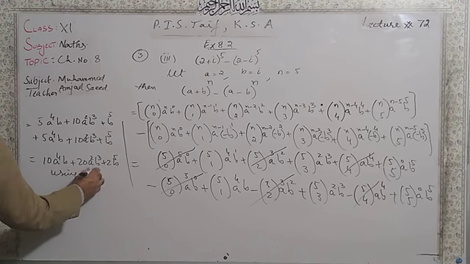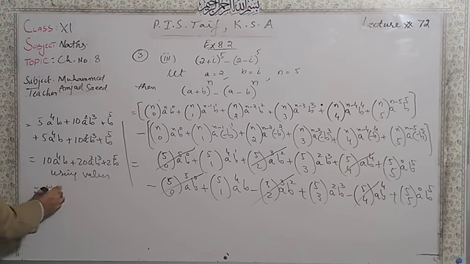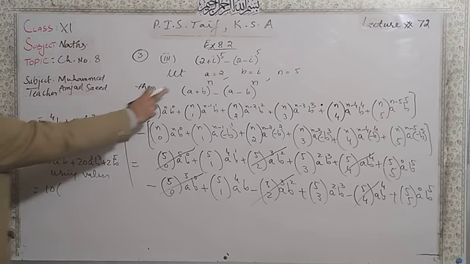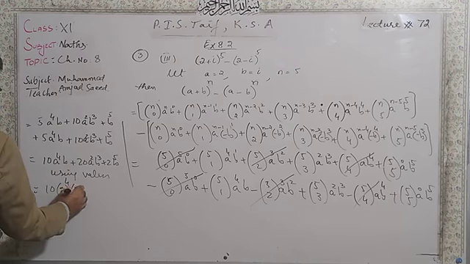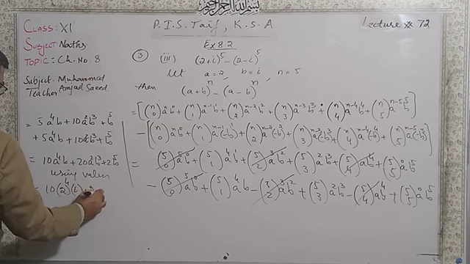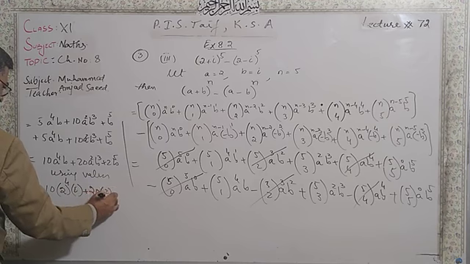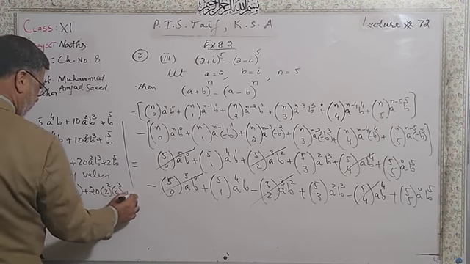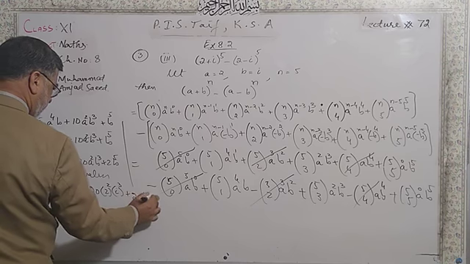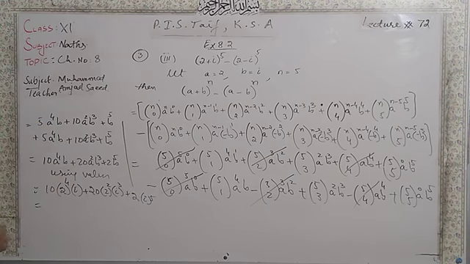Using values: 10 into, what about a? a was 2 power 4 and b is iota. Then 20, 2 square iota cube. Then plus 2 iota power 5.